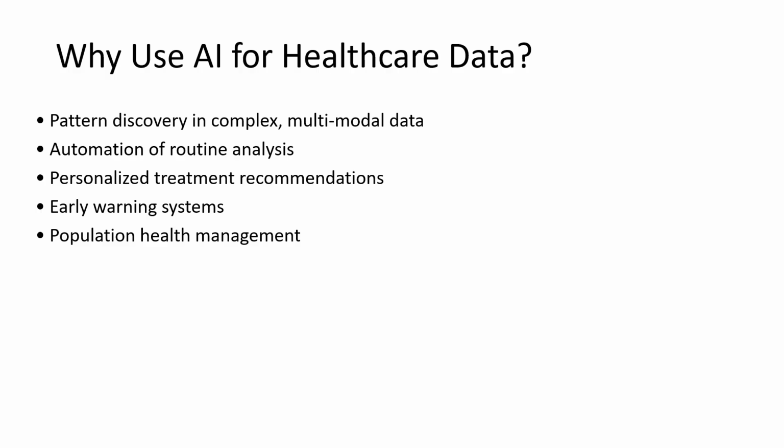And next one is an early warning system. Before an event occurs, AI can detect it and provide you a warning. Whatever the disease or problem may be, it can easily provide early warnings. Next, population health management is possible by employing AI-based techniques in the healthcare industry.